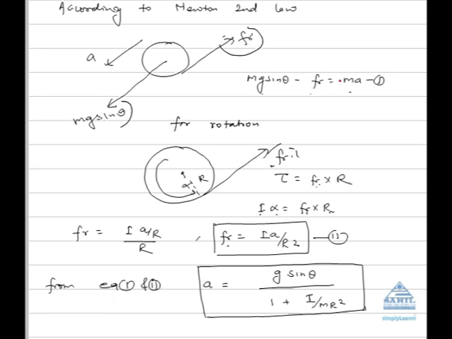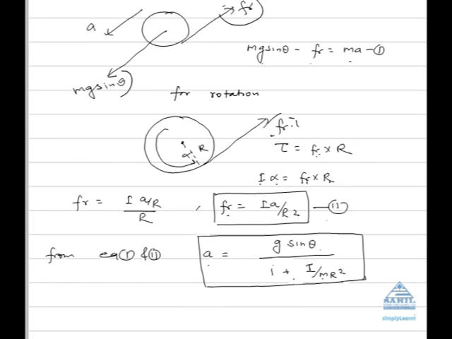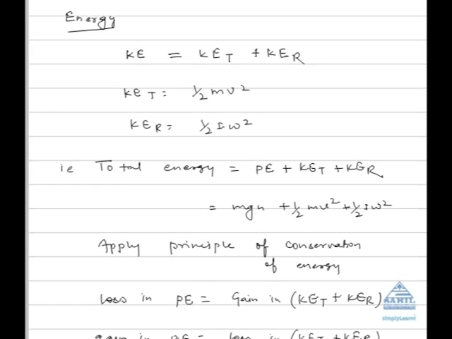From equations 1 and 2, a is equal to g sin theta upon 1 plus I upon m R square, where I is the moment of inertia of the body. It is different for a different body. For any body, we place the value of I in this equation, and we are able to determine the acceleration of a body which is moving down an inclined plane.